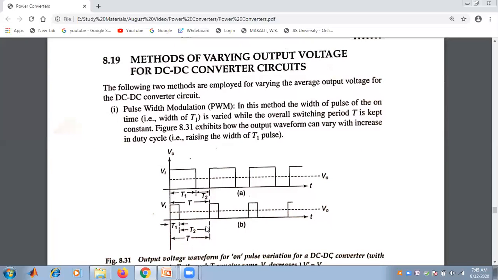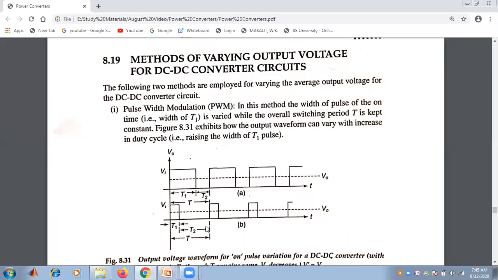Another portion is the methods of varying output voltage for DC to DC converter circuits. Two methods are employed for varying the average output voltage for the DC to DC converter circuit. One is known as PWM, or pulse width modulation.